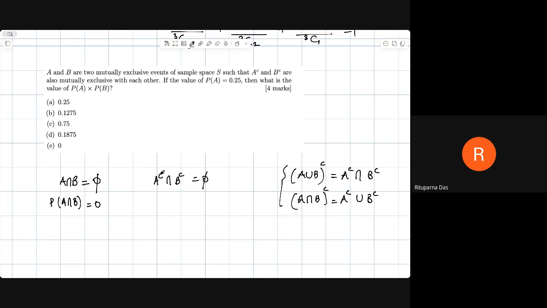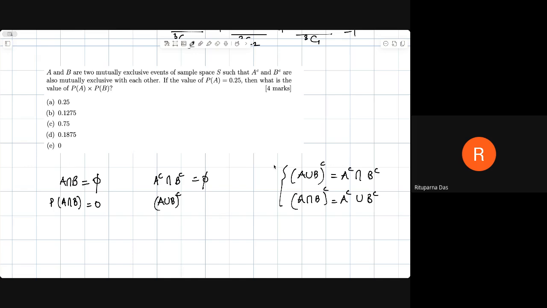So now we have A complement intersection B complement, so we can write it as A union B whole complement, right? So what will be A union B whole complement? What are we given? We are given probability of A. Probability of A is 0.25, right?